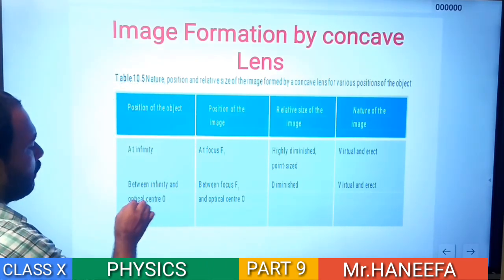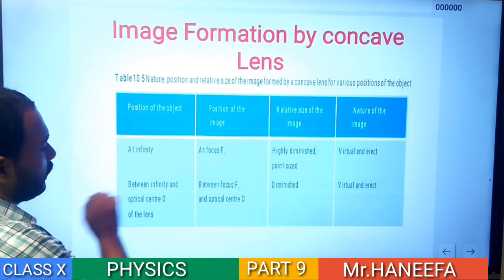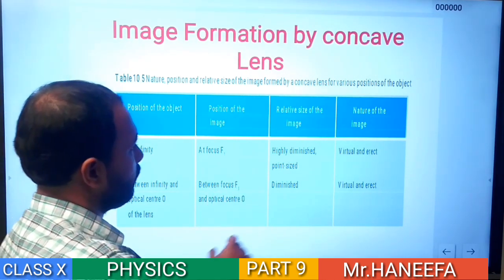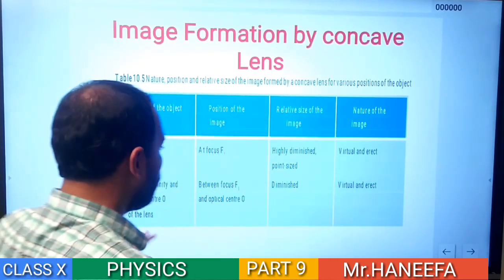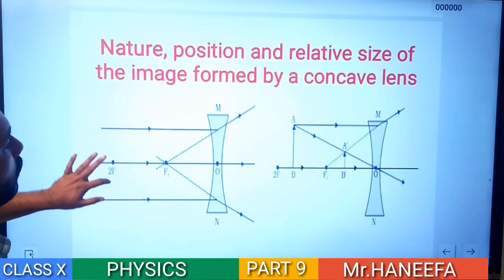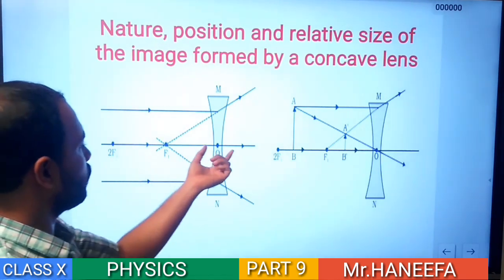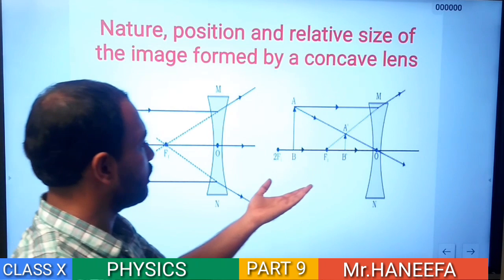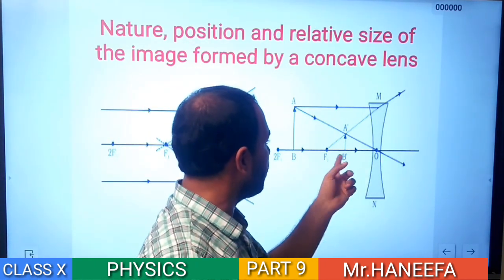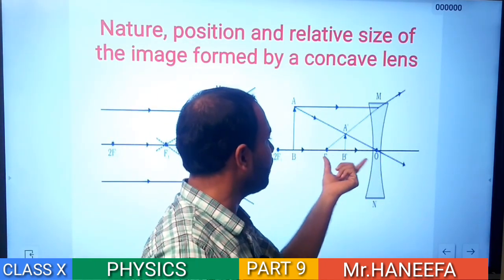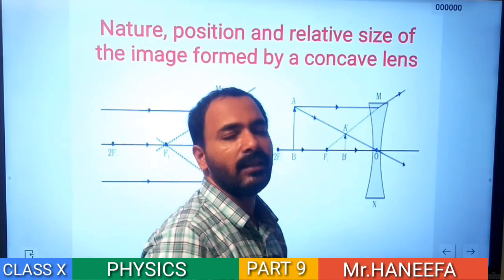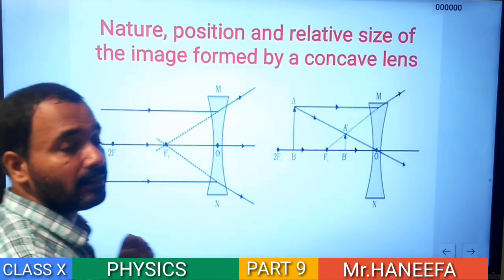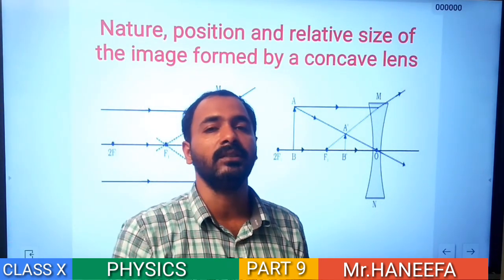Second case, object is placed between O and infinity, image is formed between focus and optical center, diminished, virtual and erect. These are the ray diagrams in case of concave lens.